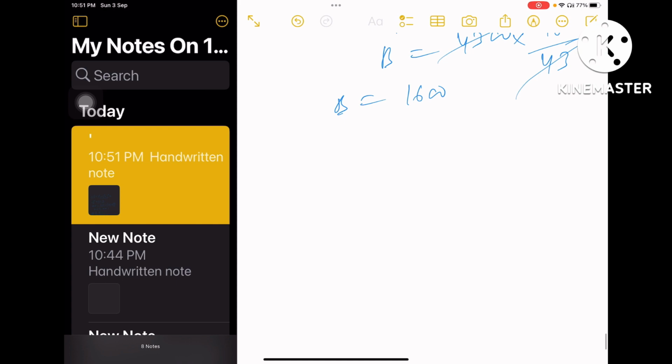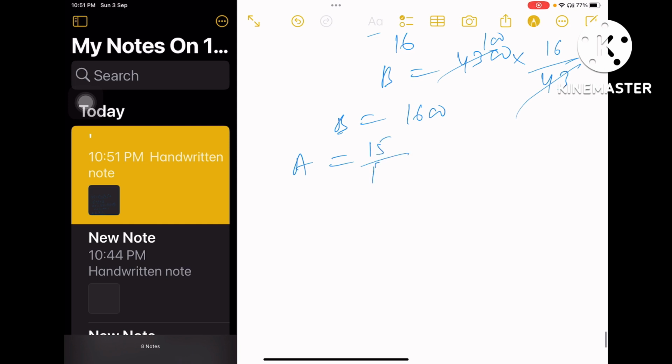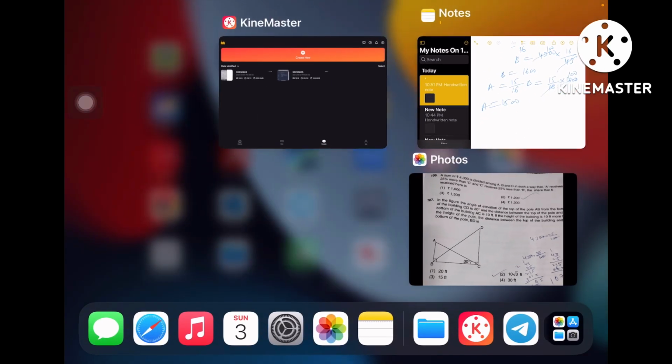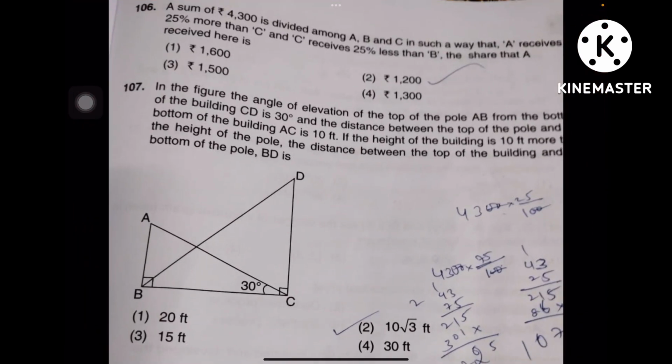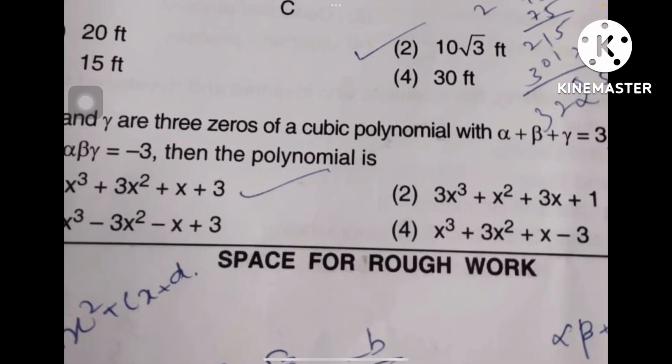Now A is equal to 15 by 16 B. That is nothing but 15 by 16 into 1600, that is 100. So A is equal to 1500. We'll see which option is correct: option number 3 is the correct option in this case.